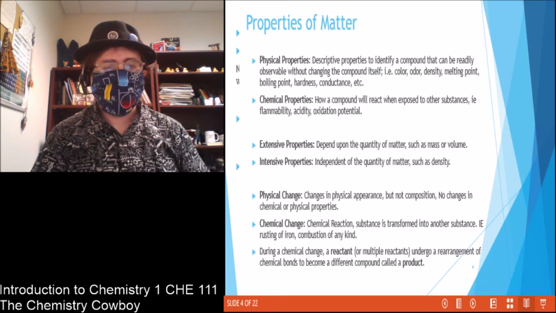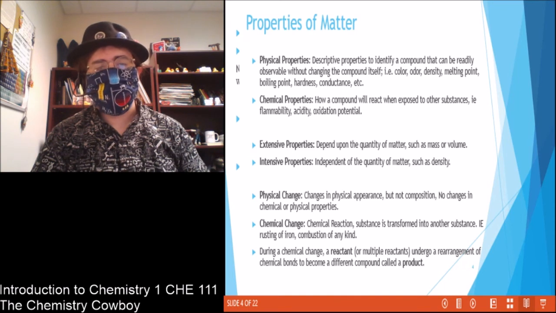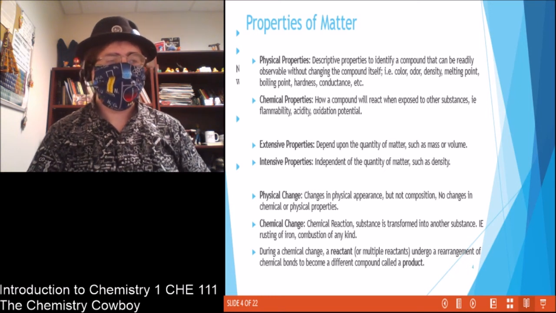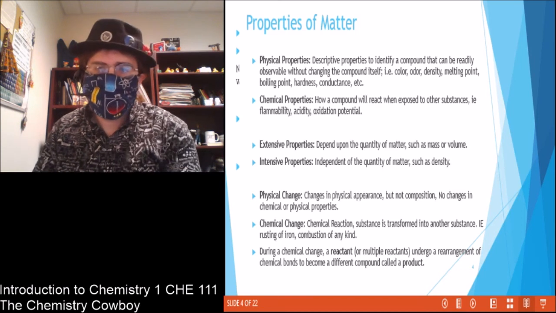Acidity: how well does it donate a proton or accept a proton, which is a hydrogen ion? That relates to how it will change. Citric acid is a very acidic compound. Acetic acid, which is vinegar, is very acidic. Citric acid is in oranges and lemon juice. You should all know that. You should all be able to recognize that in your everyday life.